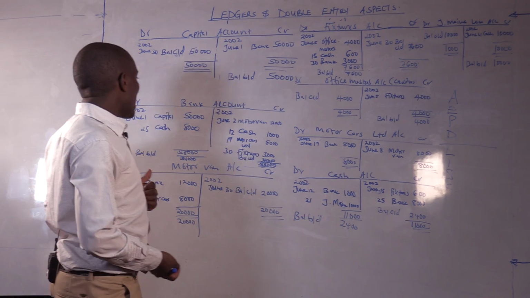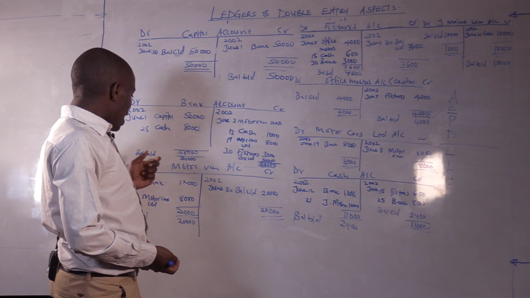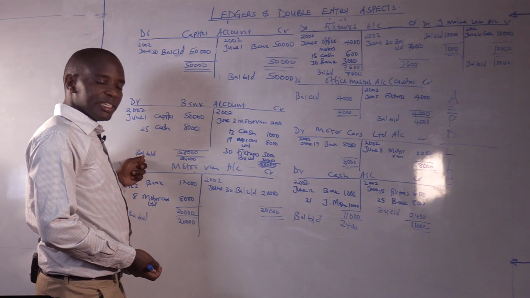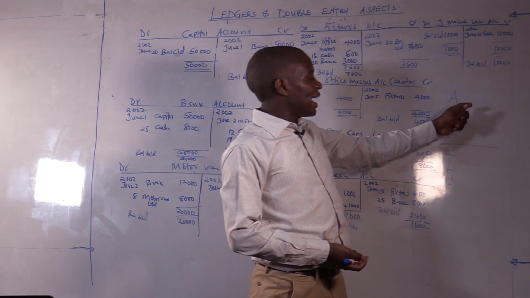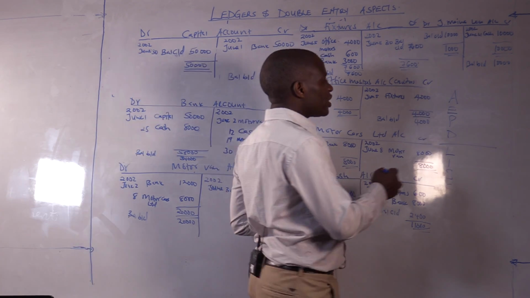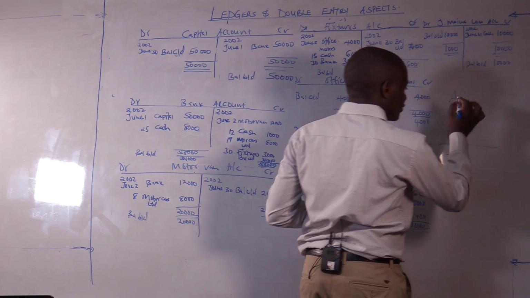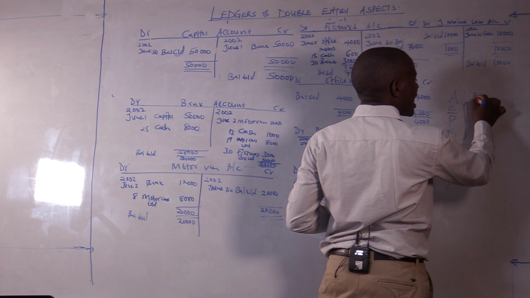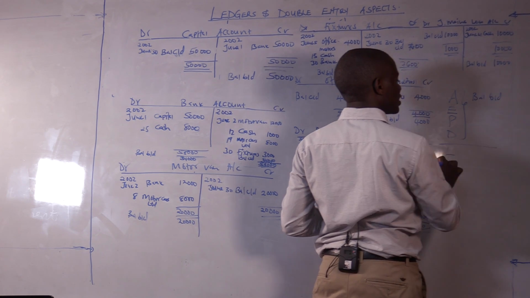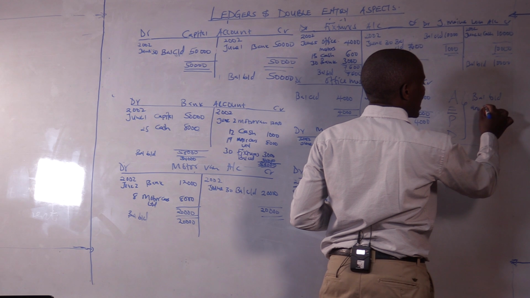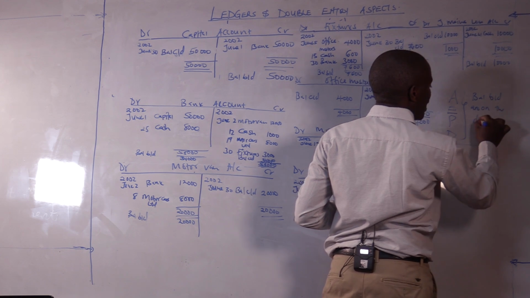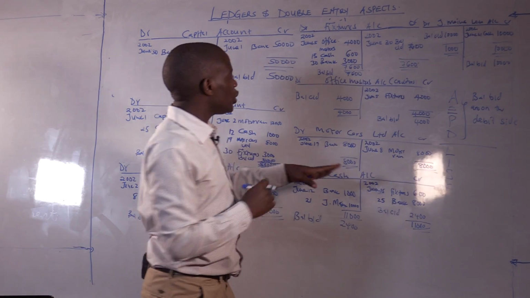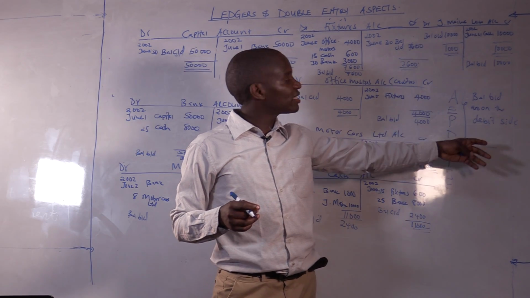If you take an asset like bank, where do we have its balance brought down? It is on the debit side. So for these items, we usually say that their balance brought downs are on the debit side.